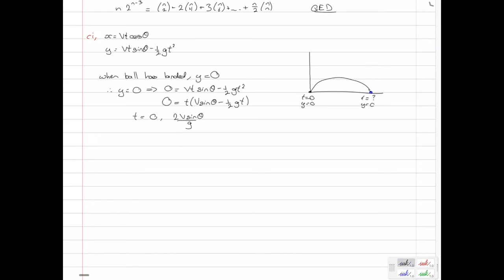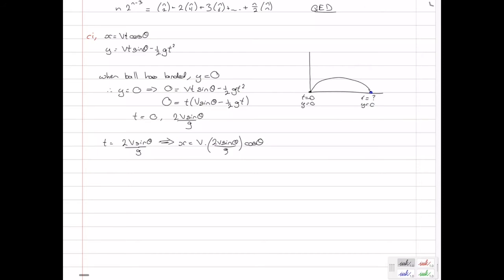Okay, so I can substitute that into my equation for x, which will give me the distance that I've traveled in the horizontal direction. So when t is equal to 2v sine theta on g, we get x equals v times 2v sine theta on g, so that's my value for t, times cos theta.